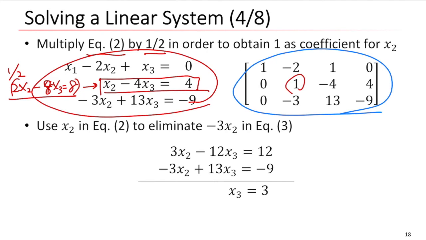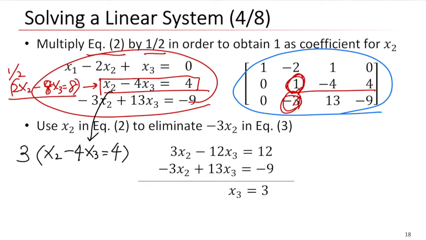Then we can use this number to remove this number. How can we do this? We can multiply equation 2 by what? 3, right? So x2 minus 4x3 is equal to 4. We multiply by 3. It will be 3x2 minus 12x3 is equal to 12, right?